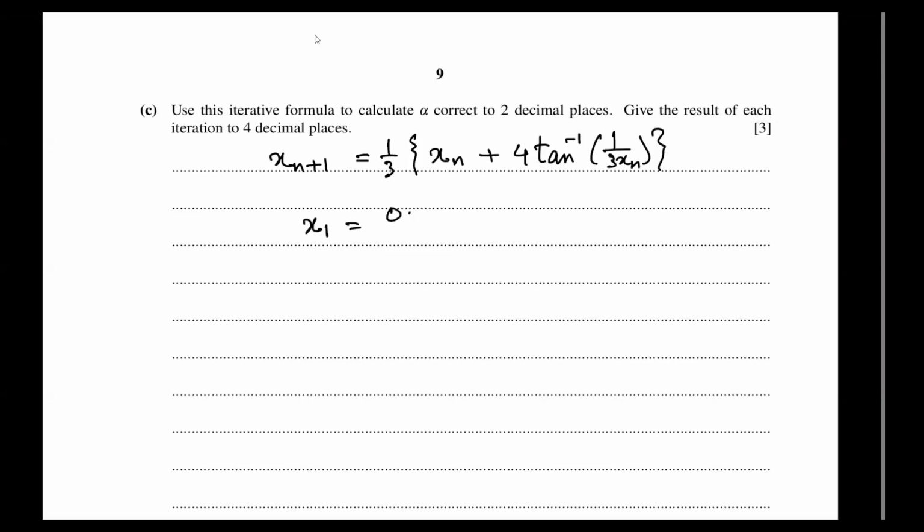Let's assume the midpoint of the interval in which the root lies as the first approximation: 0.5 plus 1 divided by 2, that's 0.75. Now find x2, simply by substituting xn by 0.75.